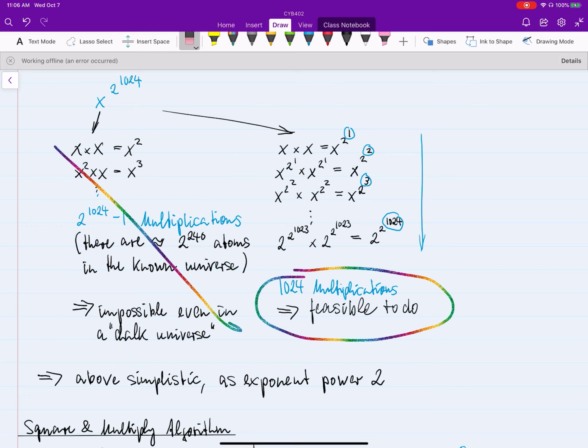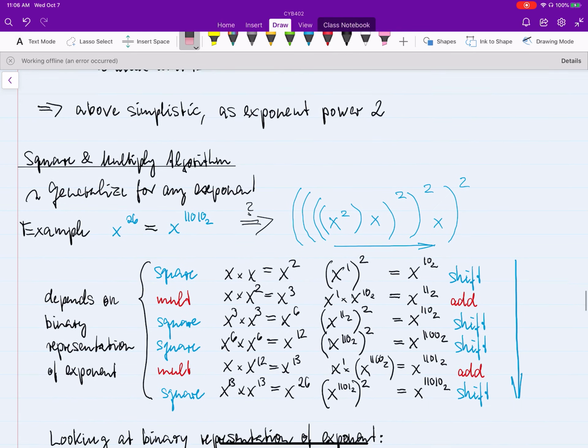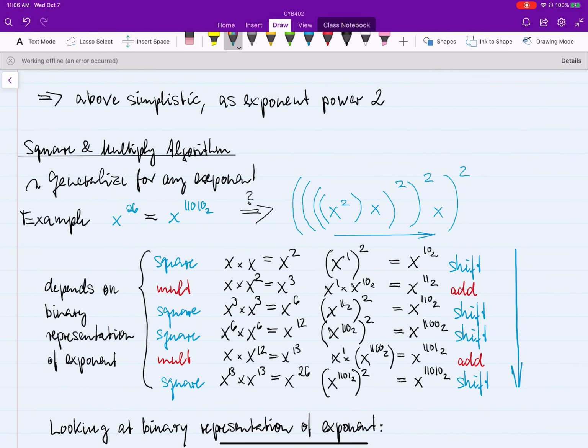Okay. So there's only one glitch. What we have been doing so far is simplistic. We have made the assumption that our exponent is a power of 2. So how can we expand upon that idea and have a fast exponentiation algorithm that can be used with any exponent?